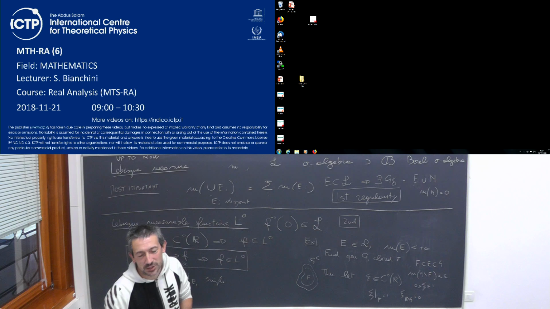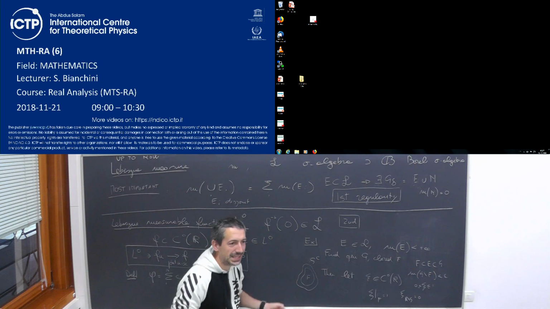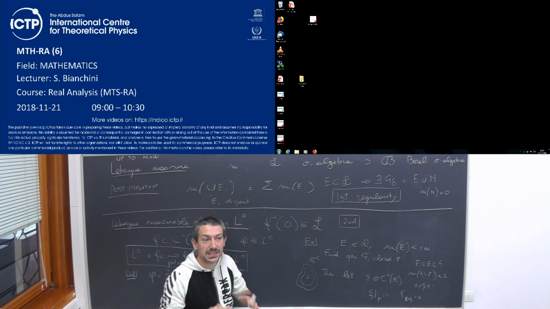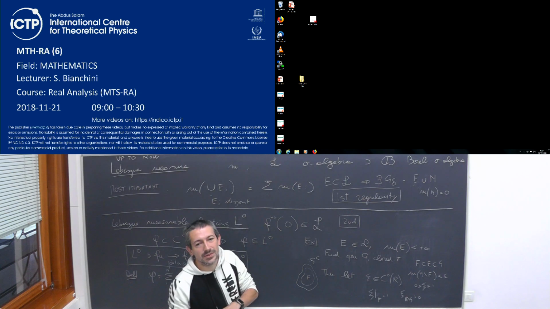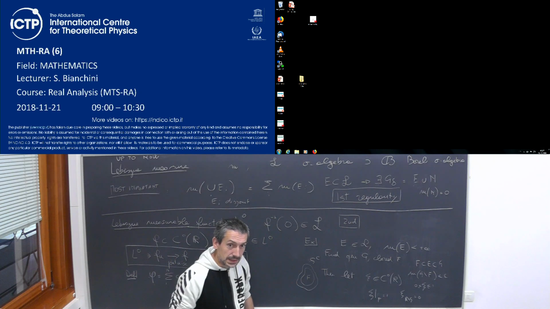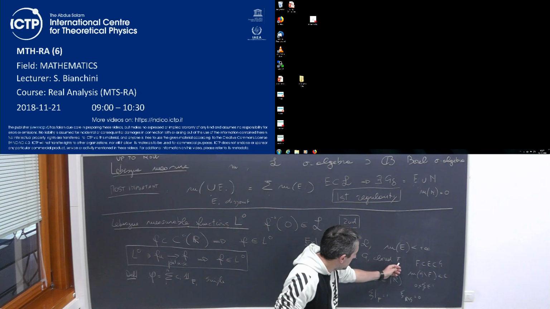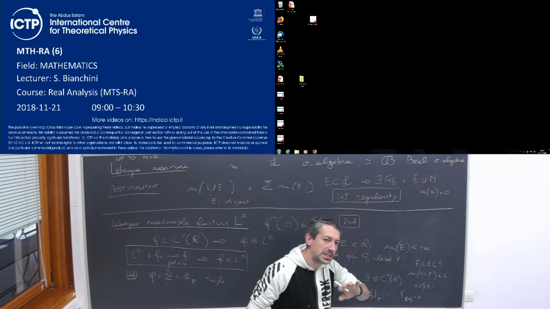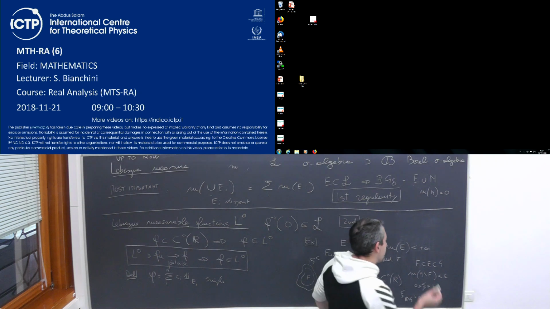So R is a very nice topological space. Give me two disjoint closed sets, there exists a continuous function which is 0 on one and 1 on the other. And also because here we are working with a set of measure less than infinity, we can bound it by a closed interval. Wait, if a set has measure less than infinity, is it bounded?